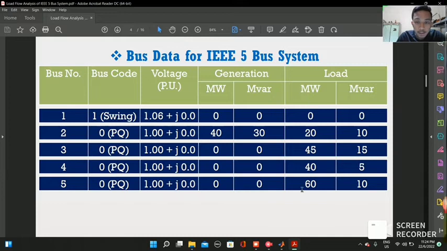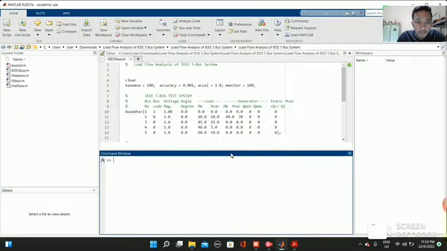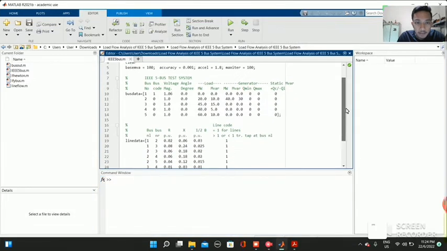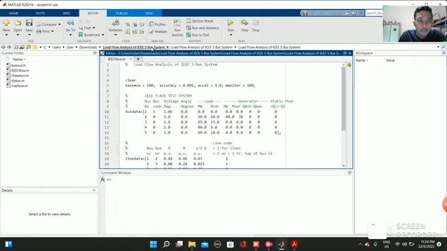I put this data into MATLAB. This is the data for the IEEE 5-bus system in MATLAB, and this part is the line data for the IEEE 5-bus system. I will run this data in MATLAB.